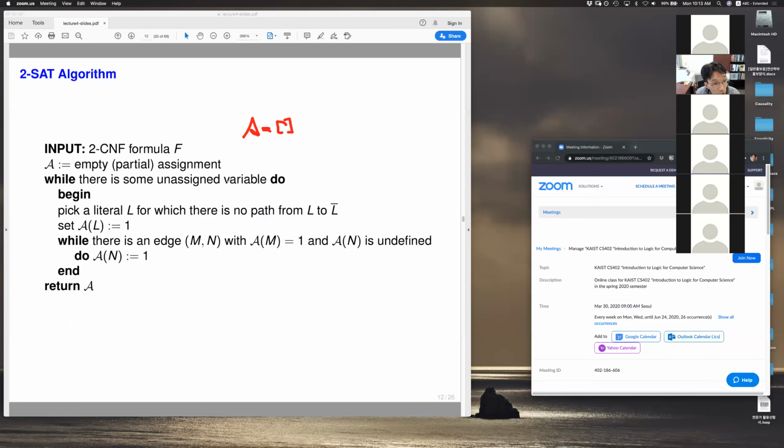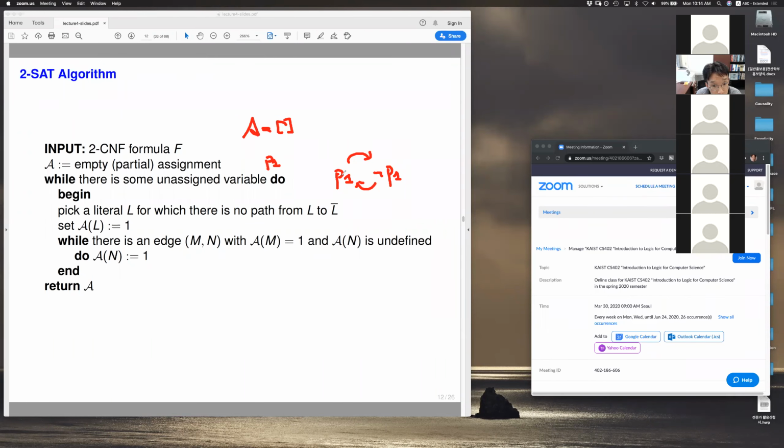What the body of the loop does is that if A doesn't assign some value to some propositional variable, let's call it P1, then the first step the algorithm does is it tries to check whether there exists a path from P1. Consistency says one of these paths doesn't exist.